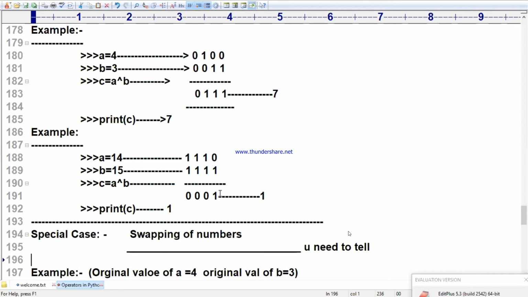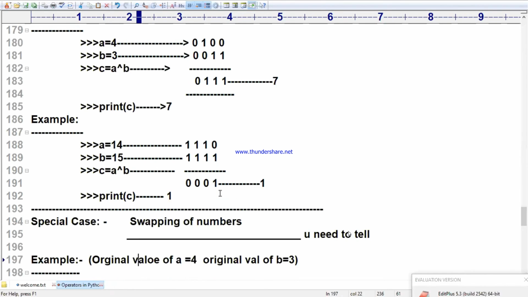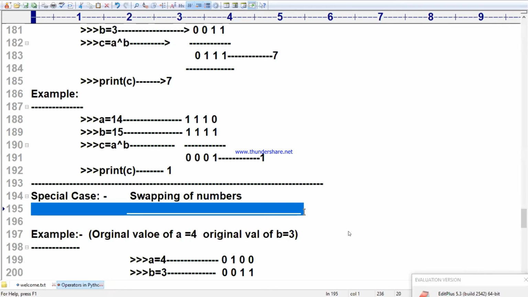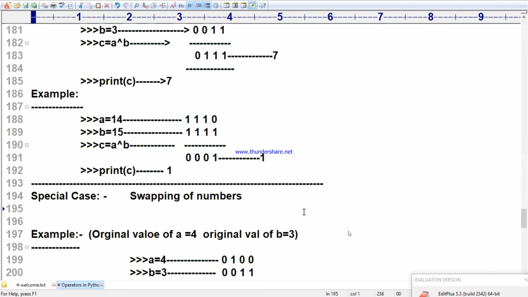Raj Kamal, you continue that, ma. Yes. Special case, swapping of numbers.